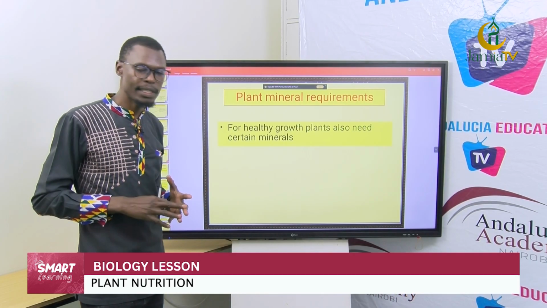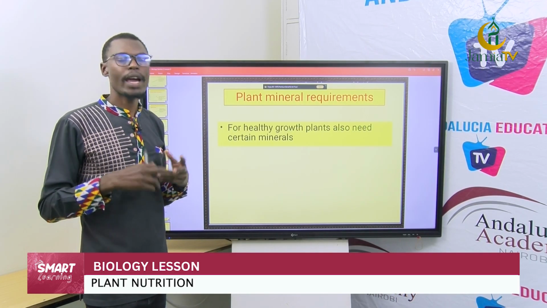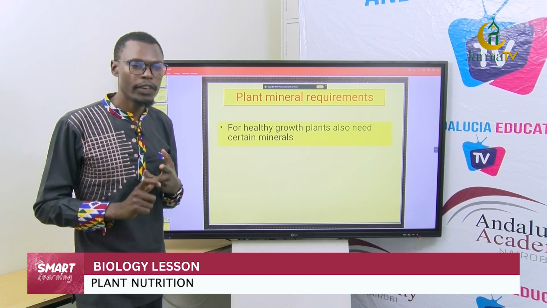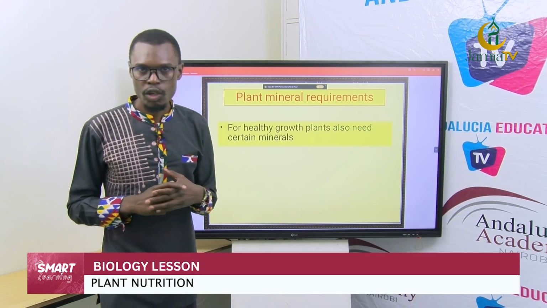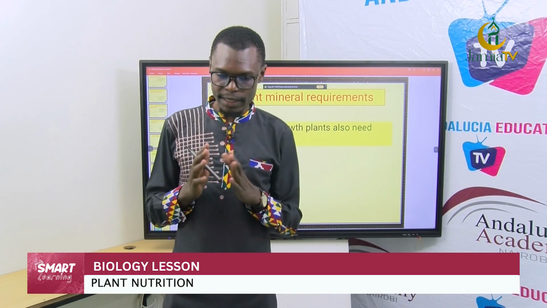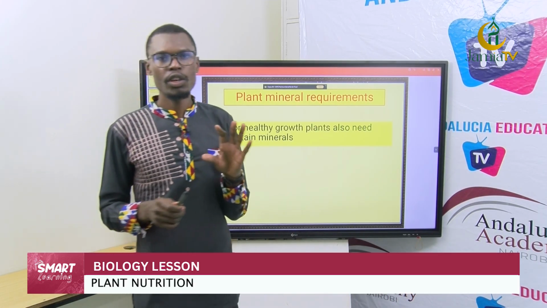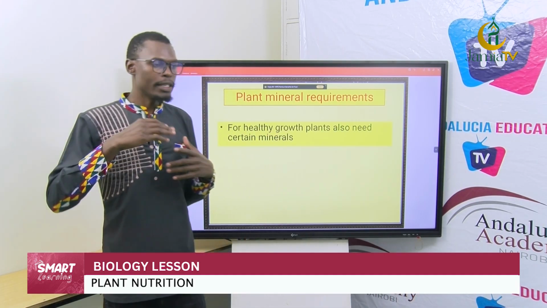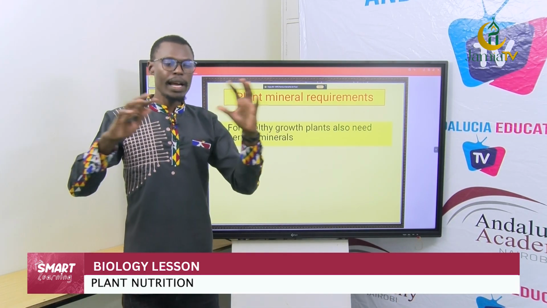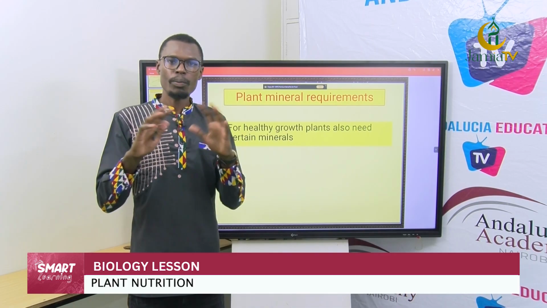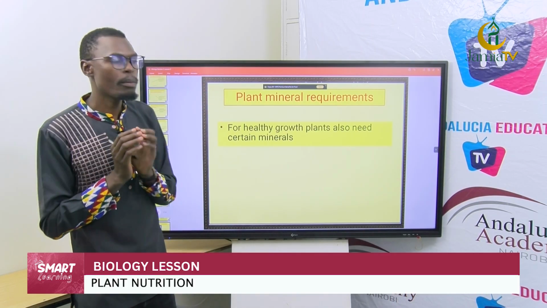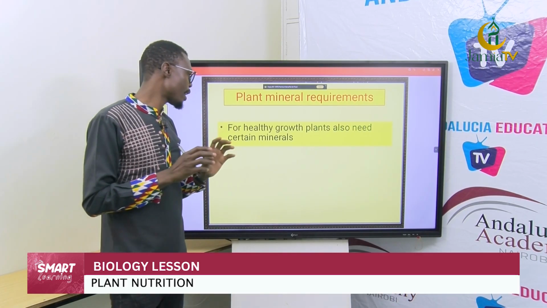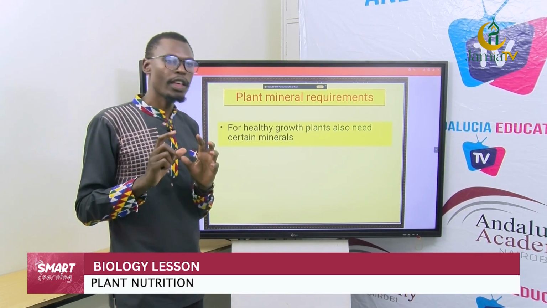Where do you use magnesium? The nitrates. Where do you use the nitrates? The phosphates. Where do we use the phosphate? The potassium. Most of the fertilizers in industries, during making, normally combine these minerals, put them together, and ensure that a quality fertilizer must contain those minerals for better growth of the plant.